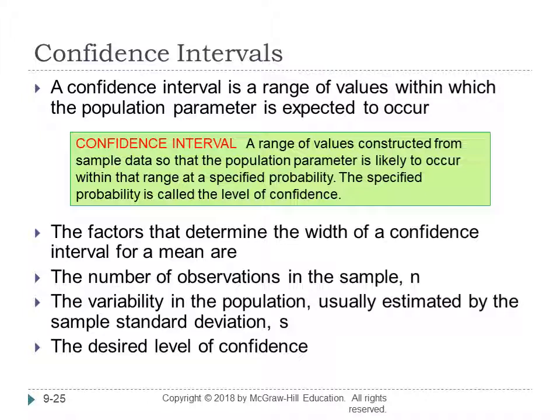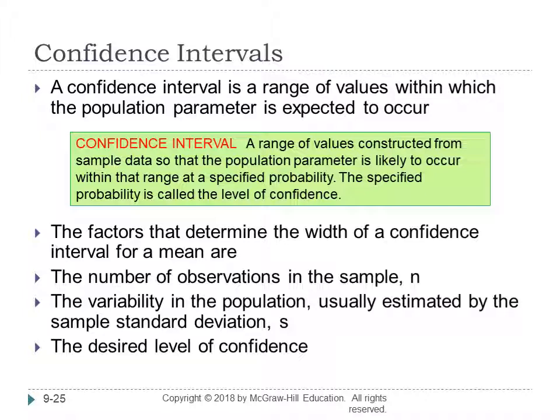One is the number of observations in the sample. Then also the variability of the population, the variance of the population also affects the width of the confidence interval. This is normally estimated by the standard deviation. Also the desired level of confidence.